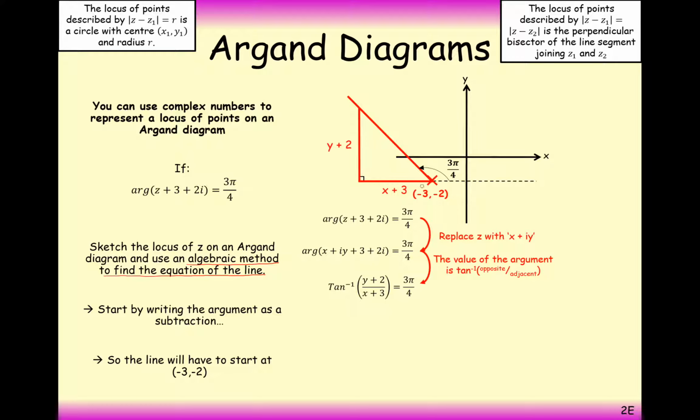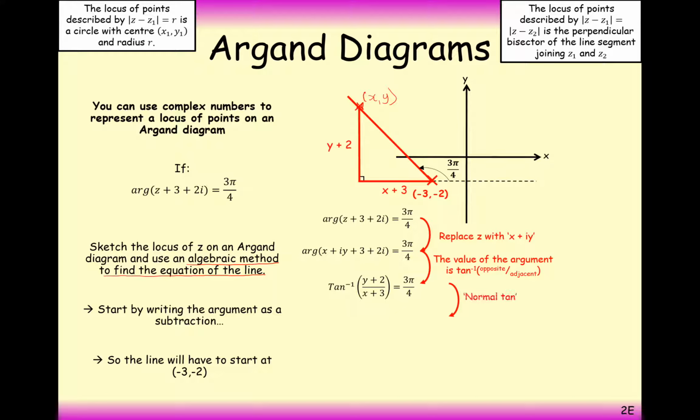This is the point xy, but the distance along this triangle is going to be x plus 3, and the height here is going to be y plus 2.